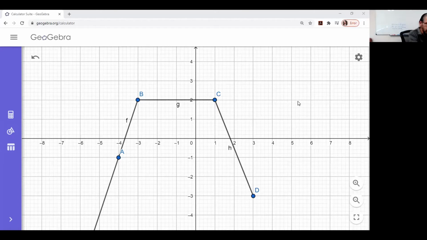That's a third interval where we have to figure out what the equation is. And we're just looking at line segments or rays here. So coming up with the equations. That'll take just a moment.